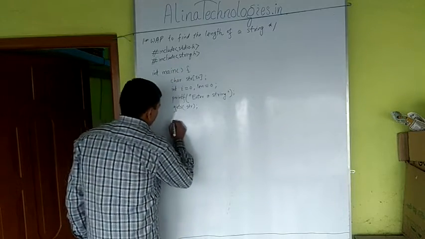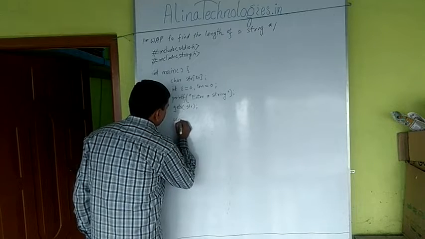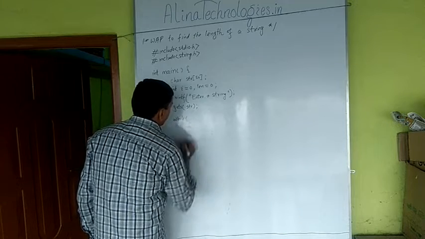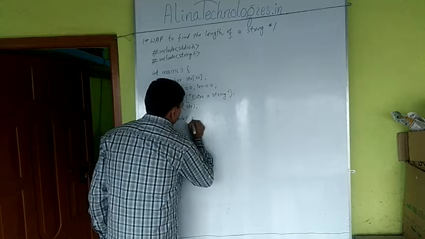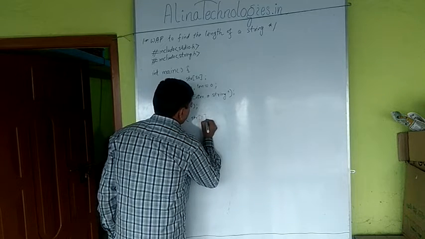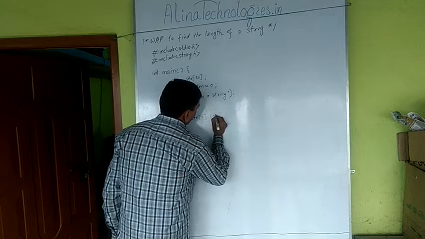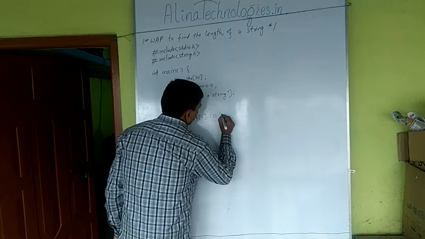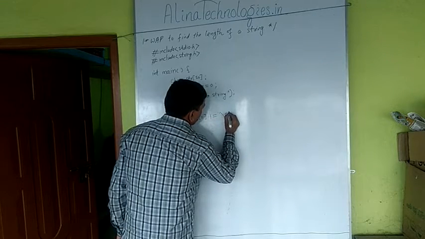And now, while str of i not equal to the null character.